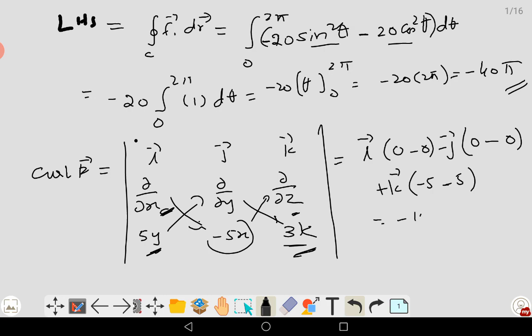So the answer is negative 10 k vector, which is the curl.